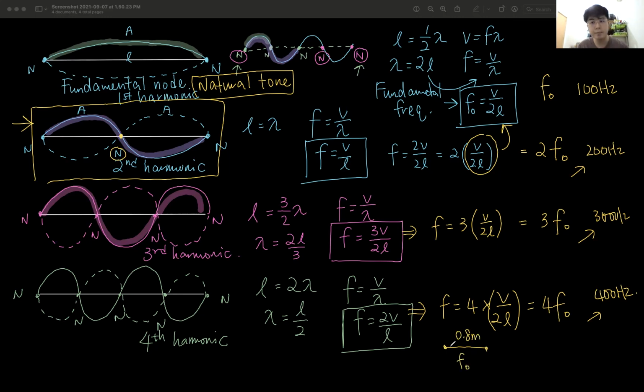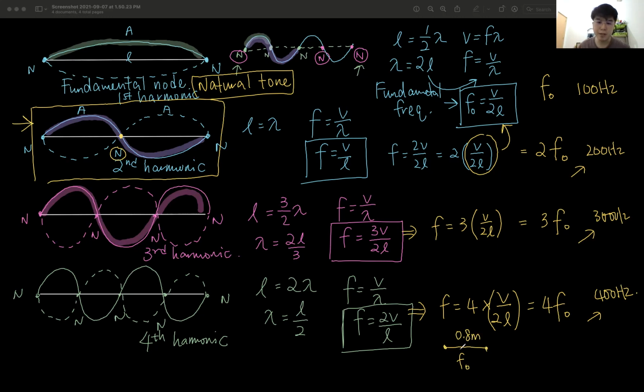We can actually calculate that. Later, I'll show you how to calculate that. Based on the length, the tension, and the mass of the string, it gives a certain fundamental frequency, the F naught.